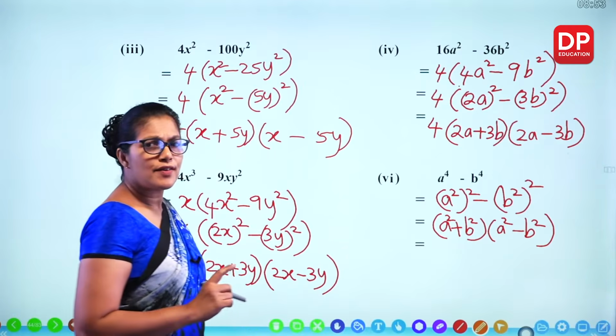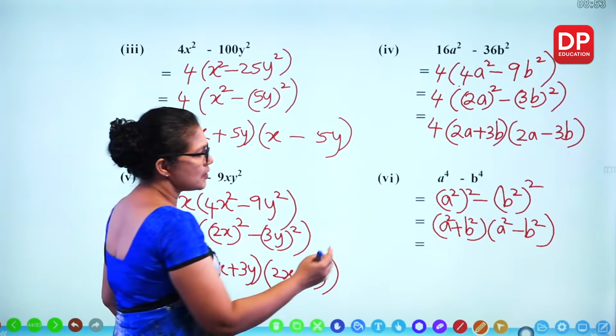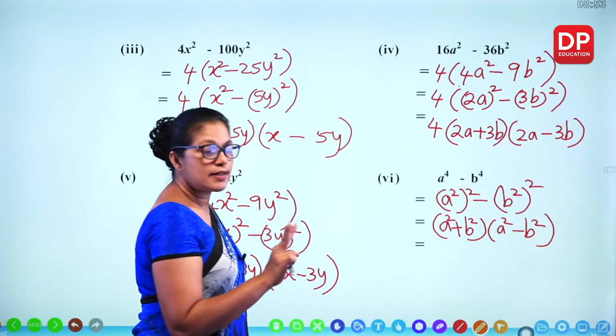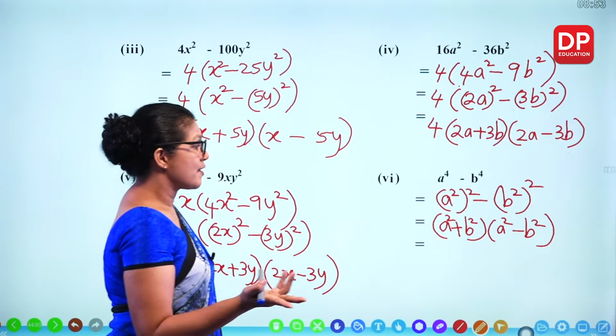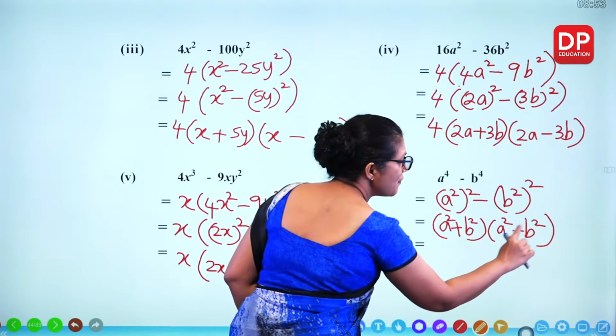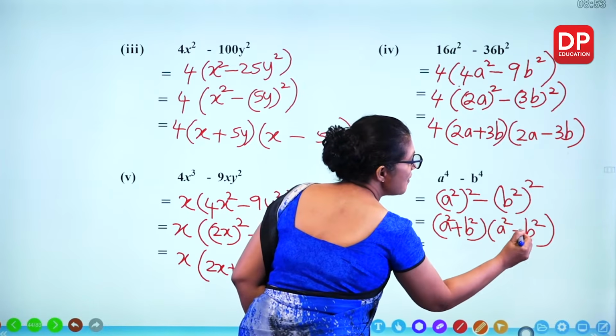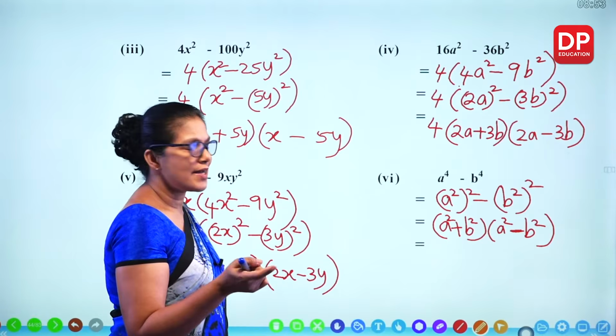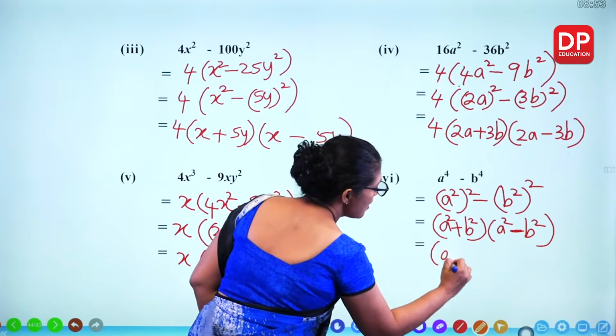Can you factorize further? Plus 1 we can't. When you get two square terms with plus, we don't know how to factorize. But we know the difference between two square terms. That means when you get square terms with minus, we know how to factorize. So you can factorize further.